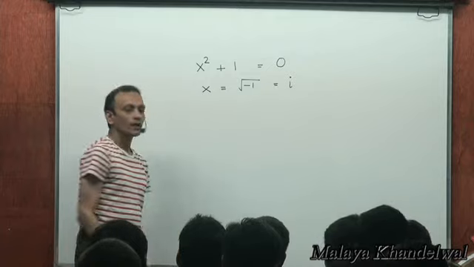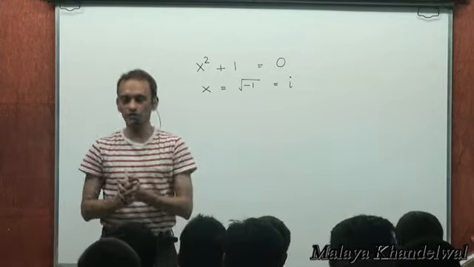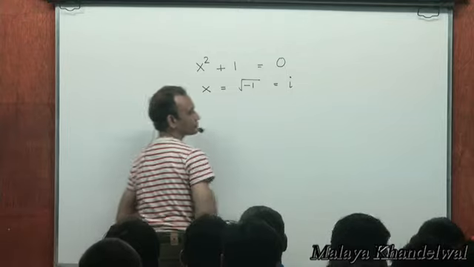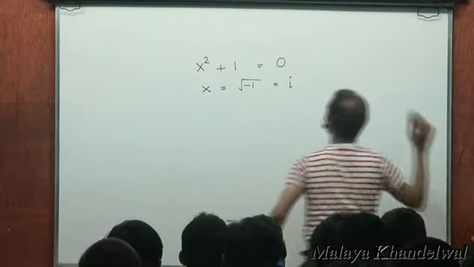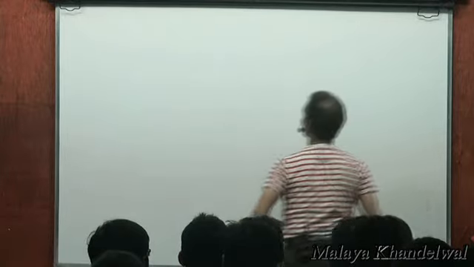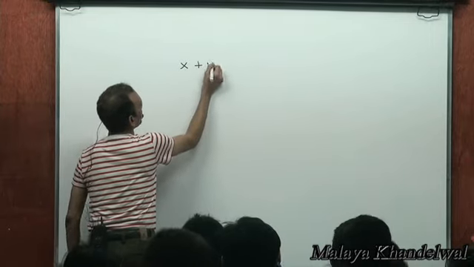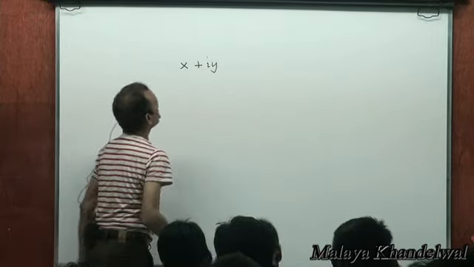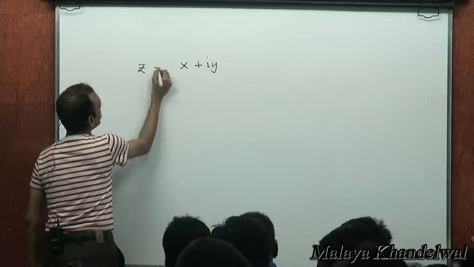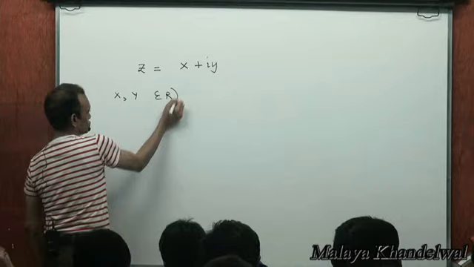Now, combination of these numbers i with other real numbers led to numbers of the form x plus iy, and this was referred to as a complex number z, where x and y were conventional real numbers known to us.